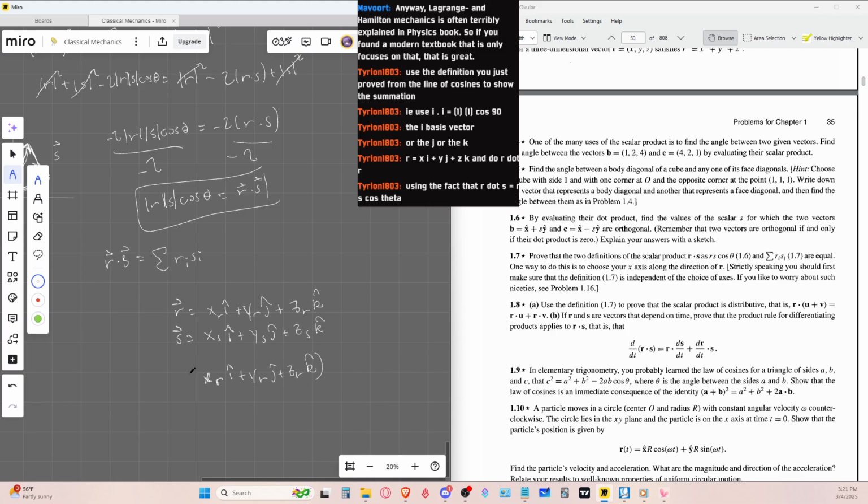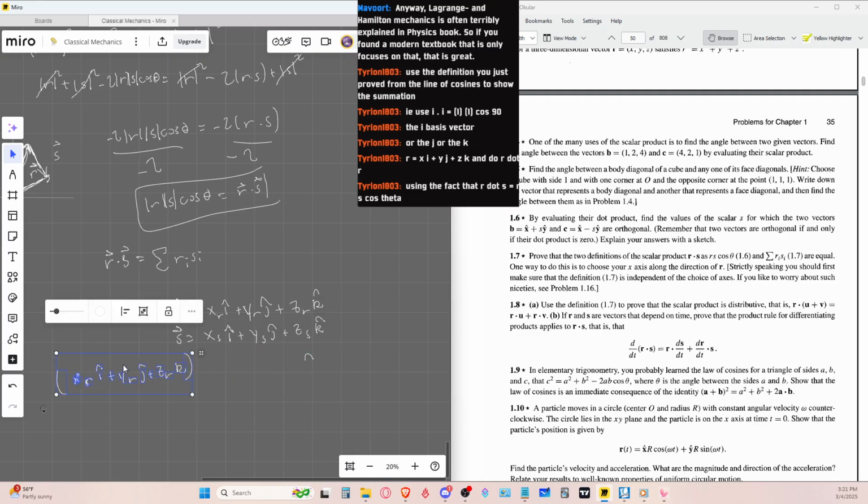That's for R. Actually, I should move this. Make it a little bit easier. Where's that? Put it like here. Okay, you guys can see that.